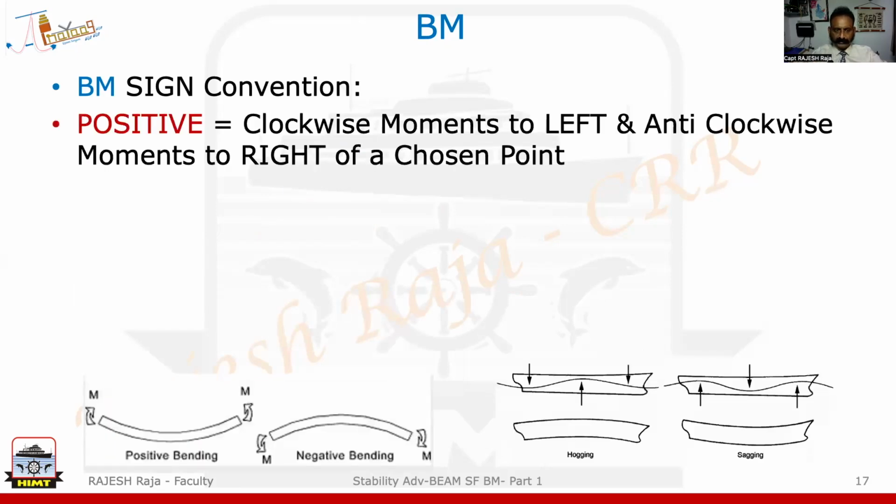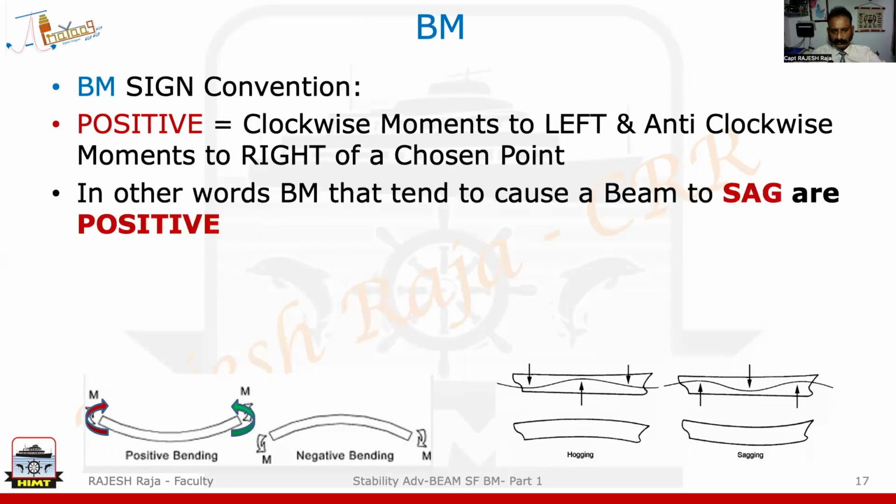You please see here, positive sign for BM means clockwise moments to the left and anti-clockwise moments to the right of a chosen point. So I've shown you clockwise on the left, anti-clockwise on the right. In other words, BM that tends to cause a beam to sag is called positive, which means you can see this left side is sagging.